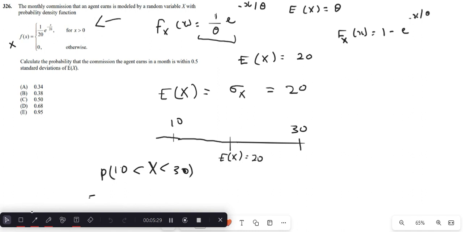For this case, I want the cumulative probability up to 30, so that is 1 minus e to the negative 30 over the mean, which is 20.